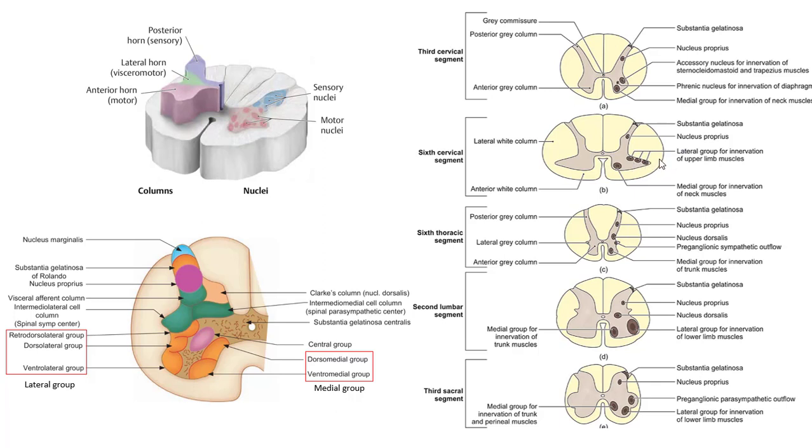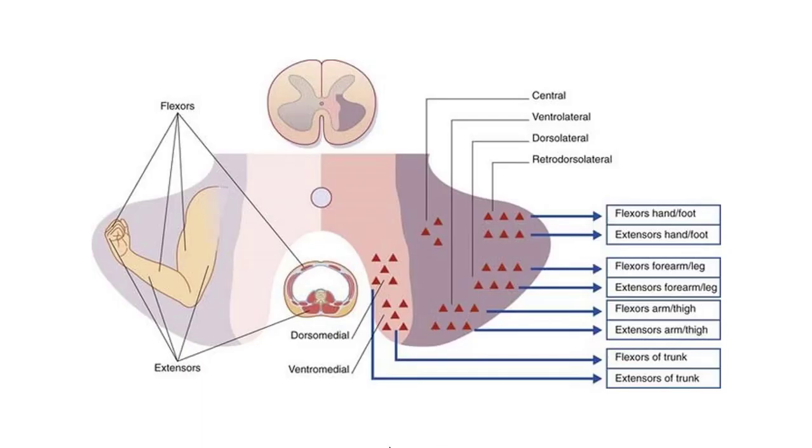Well, the reason why they are present is because those regions of the spinal cord supply massive structures, the limbs. So, this is your big hint that the nuclei in the lateral group supply exactly these structures, the upper and the lower limb.